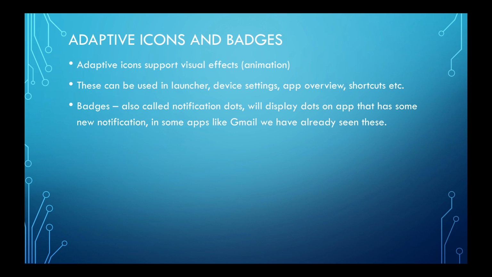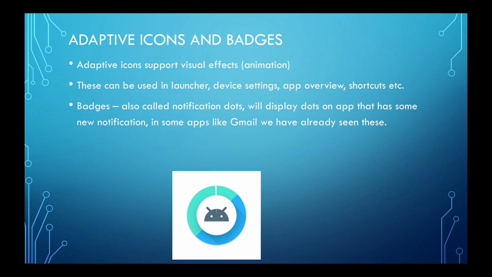So badges, as we talked about earlier in notification channel, are the same. It shows the dot, and in Gmail and WhatsApp you have already noticed it shows the dot. If you didn't see any notification of that app, it will keep showing you that badge.